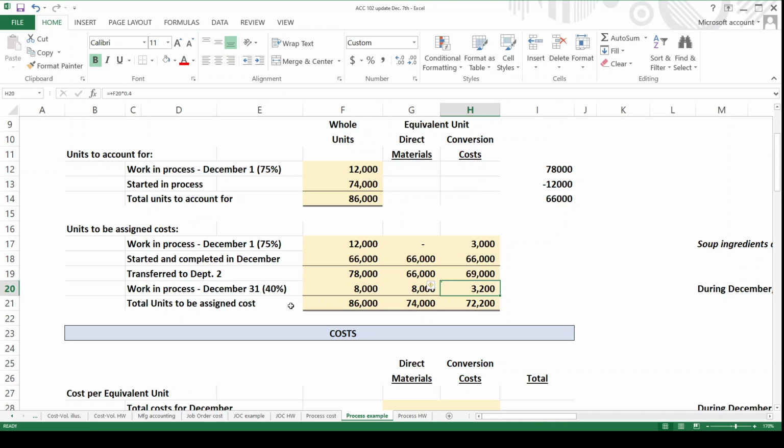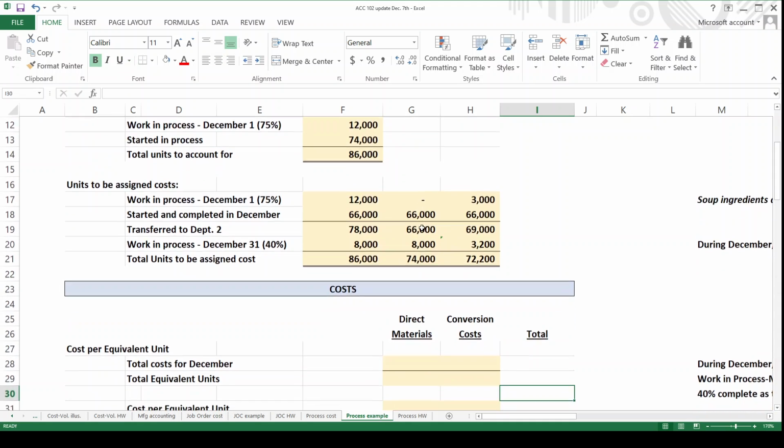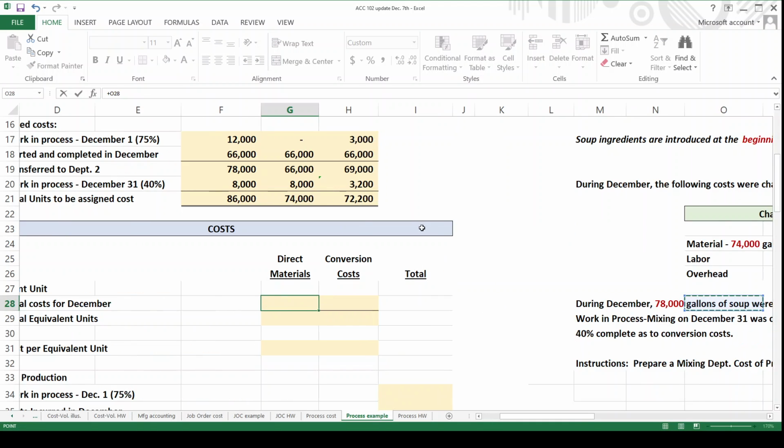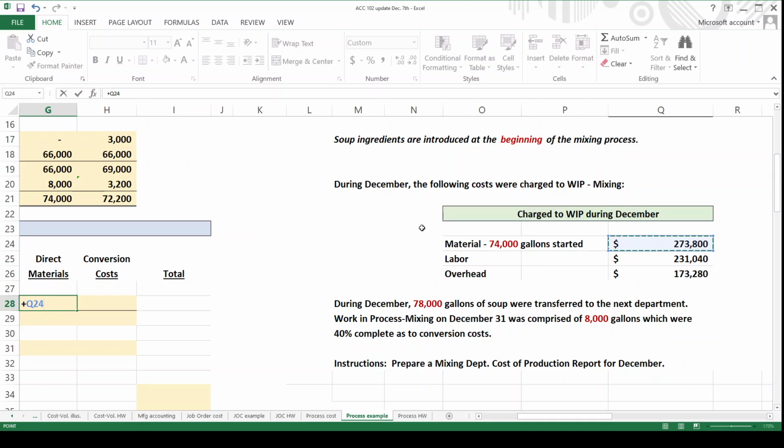Okay, here we have it. That's the top part of our cost of production report. And now we're going to track the costs. Equivalent unit-wise. Okay, total costs for December. Total costs, direct materials. Do we know what that is? We do. Where is it? It's over here somewhere. $273,800 was added in December.